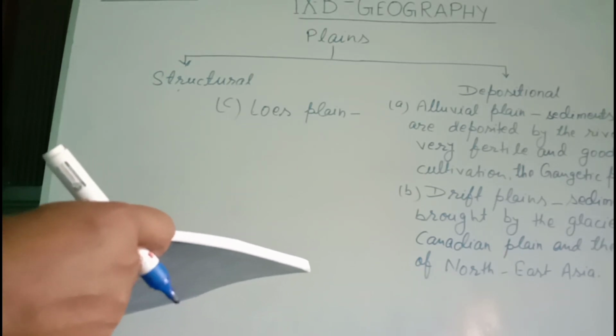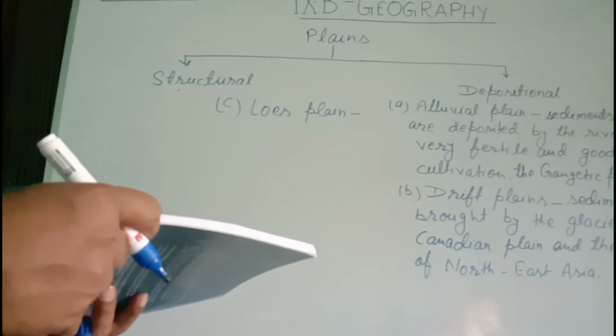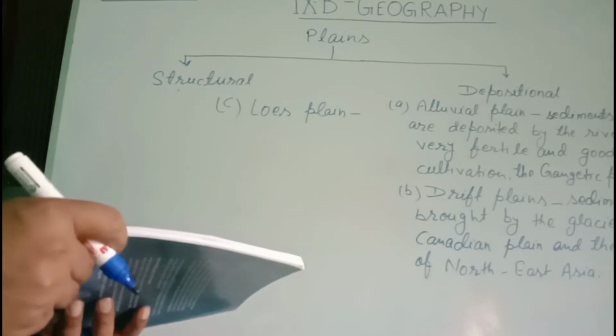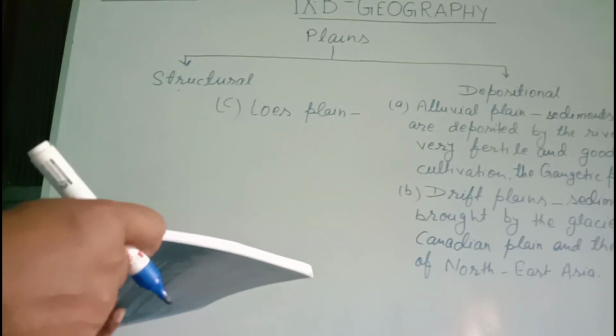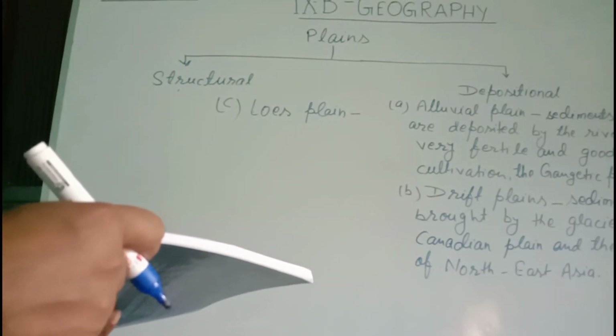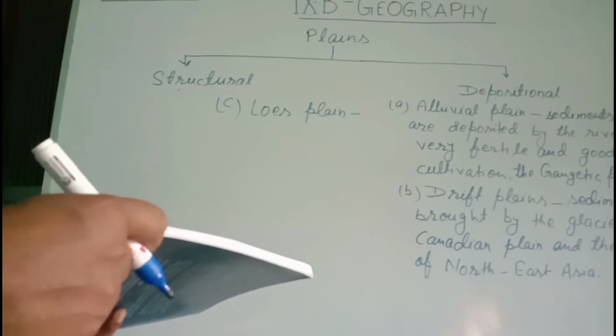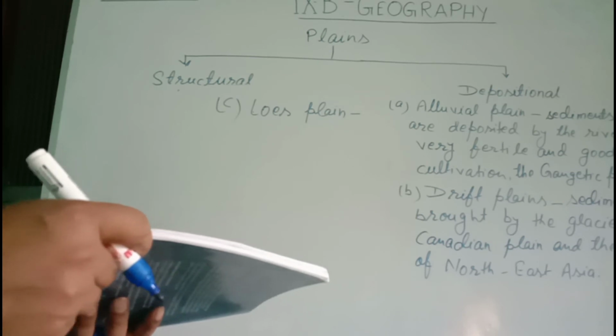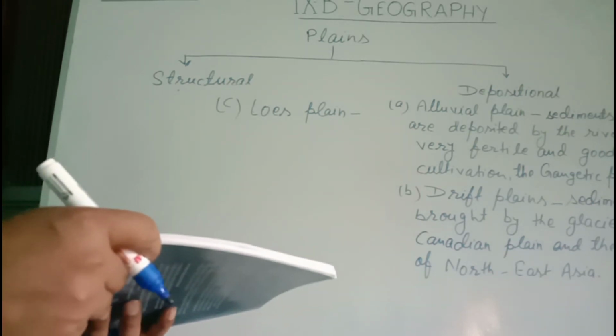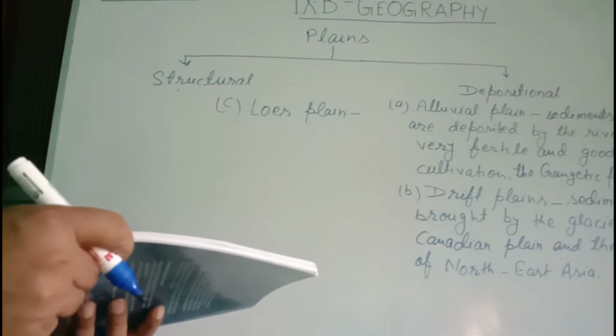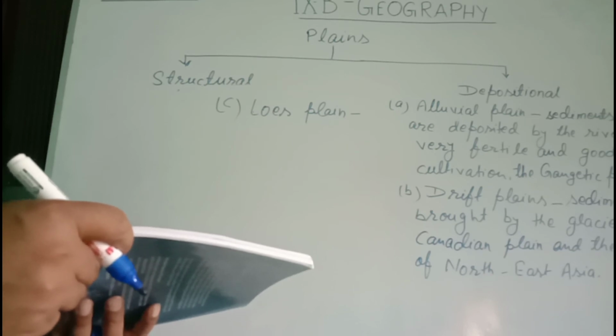These are not permanent plain. For time being, this is formed, and after some time, after few days, these plains are destroyed because that moving wind again carry these sand particles from that place.